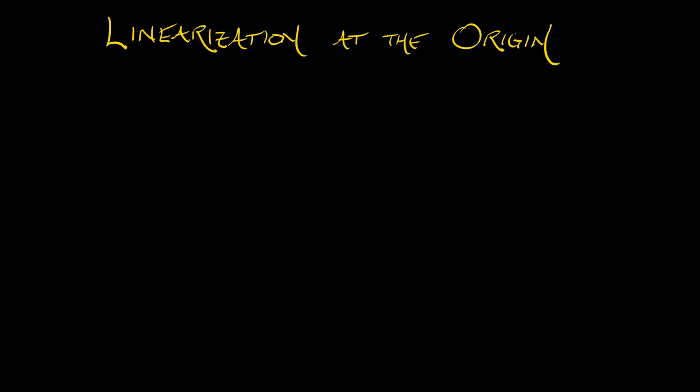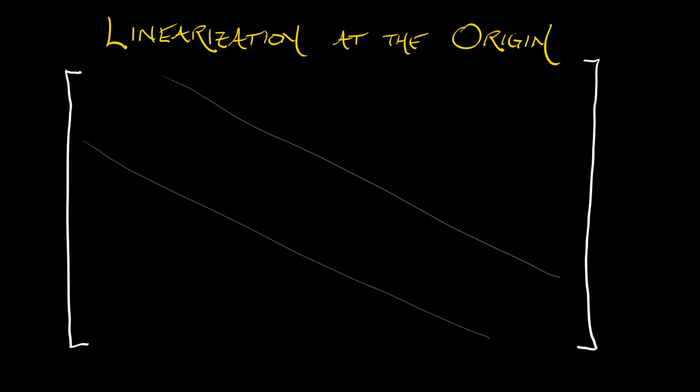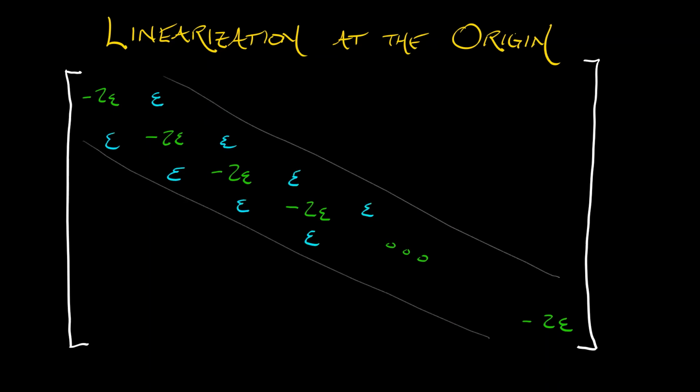We're going to get a matrix that looks just like the linear coupling case. We're going to have negative 2 epsilon along the diagonal, constant along the diagonal. On the superdiagonal and on the subdiagonal, we have constants epsilon. You can read that right off the system. Everywhere else in this matrix is going to be a 0.